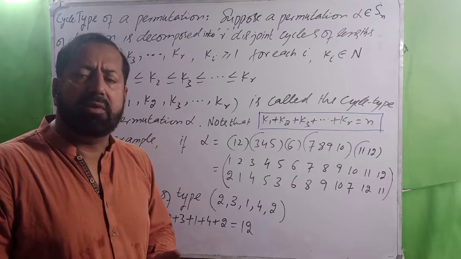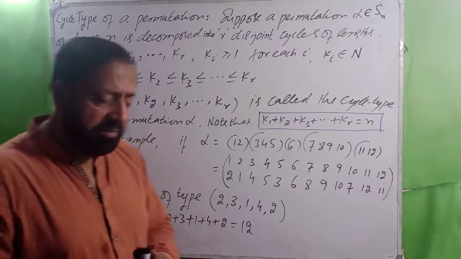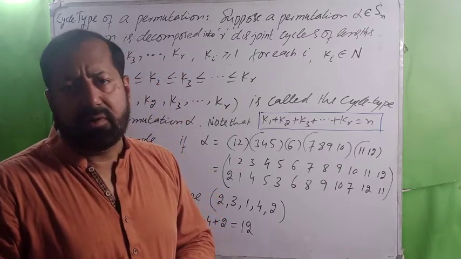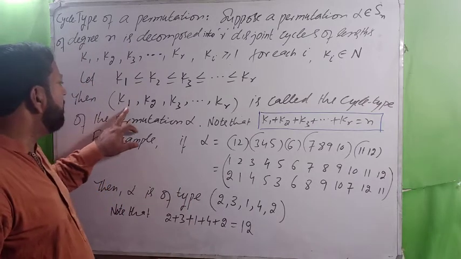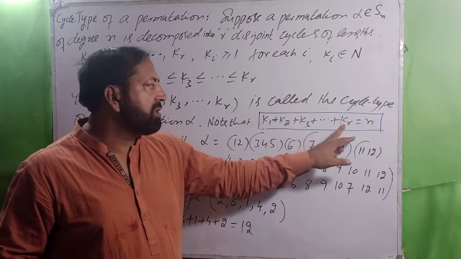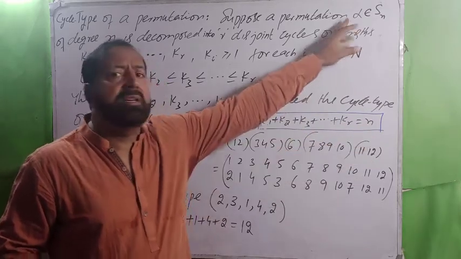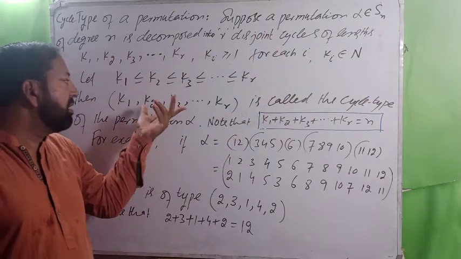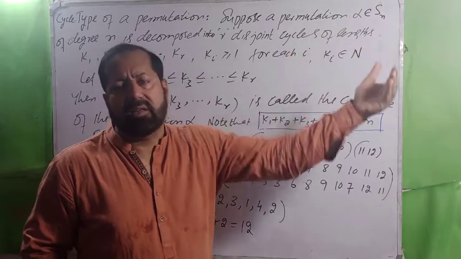You know very well, it's a very simple result. You can find it in almost all books of group theory. And here remember, the sum of these lengths k1 plus k2 plus k3 and so on plus kr should be n, right? Then we call this the type of alpha, the cycle type of alpha.